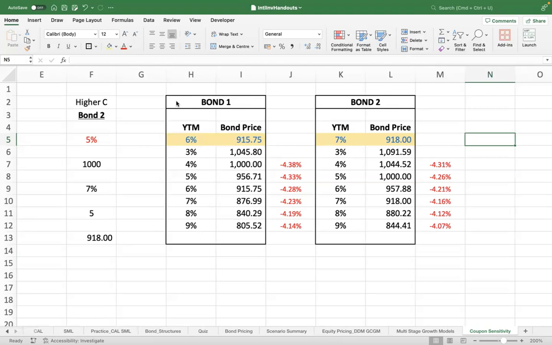So bonds which have a higher coupon will have a lower sensitivity of prices to yields as compared to bonds with lower coupons. That is why we say that in lower coupon bonds the price-yield relationship is more severe compared to higher coupon. This is the reason. Are you getting my point? So that was the sensitivity with respect to coupons.